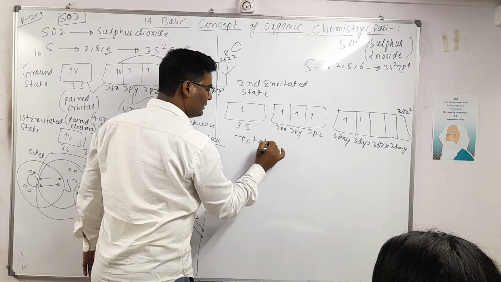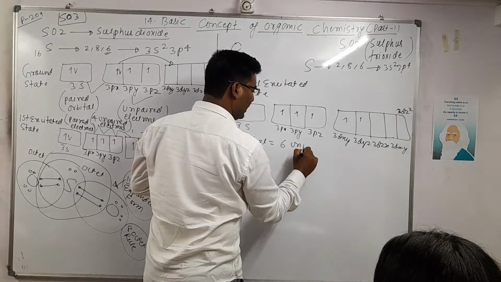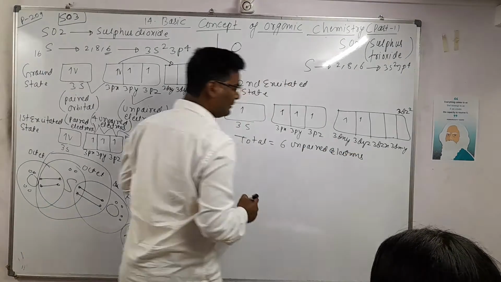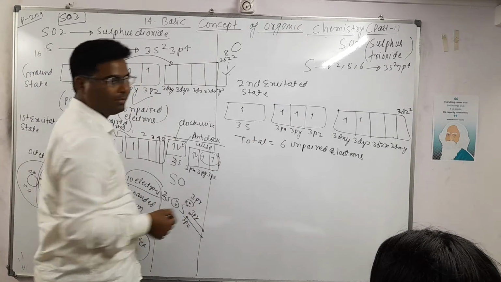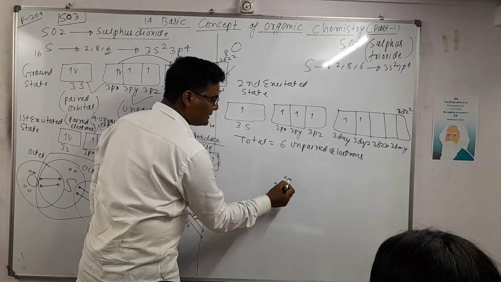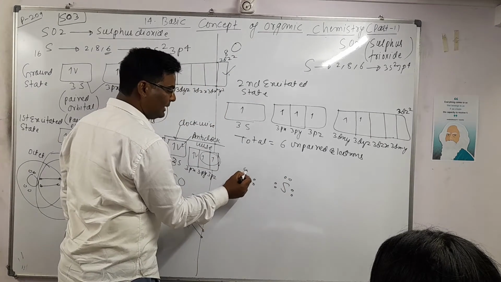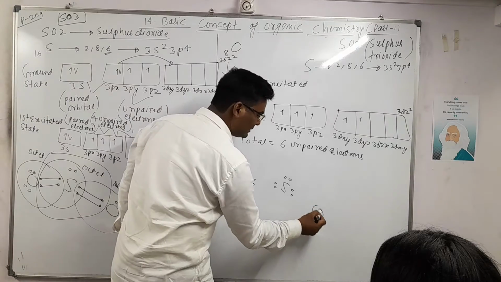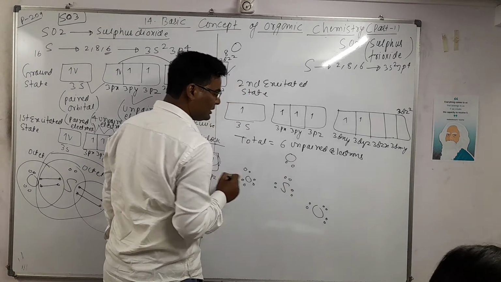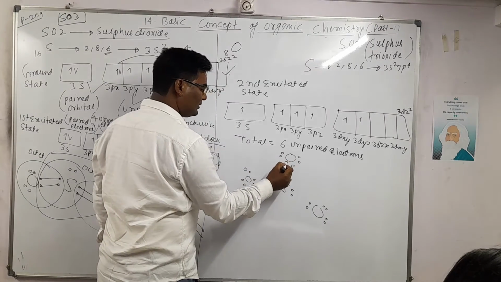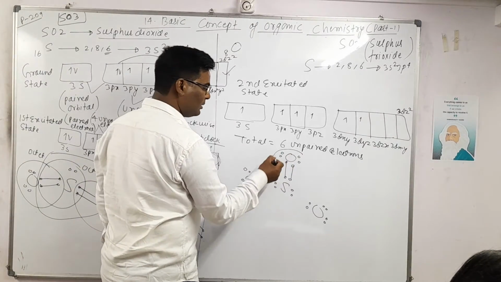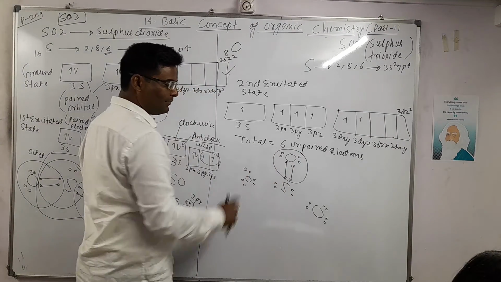Total 6 unpaired electrons are there, so now 6 bonds will form. Sulfur has 6 electrons, and oxygen also has 6. There are 3 oxygens, and they will bond with sulfur. So it has completed its octet, and sulfur also.